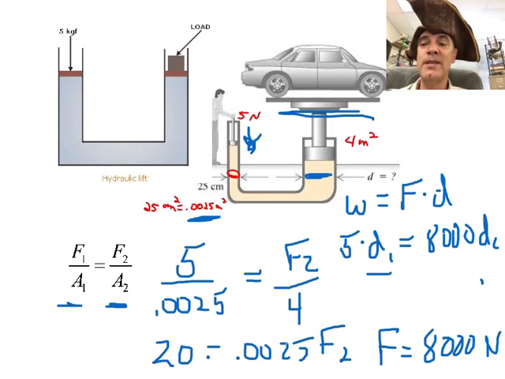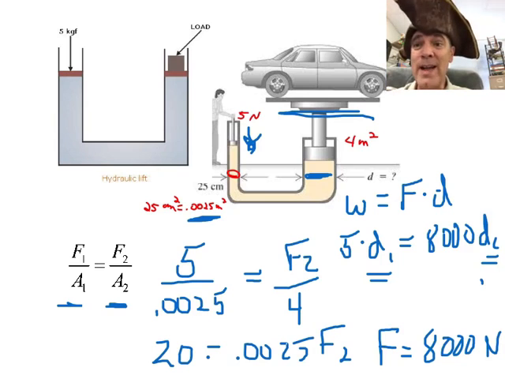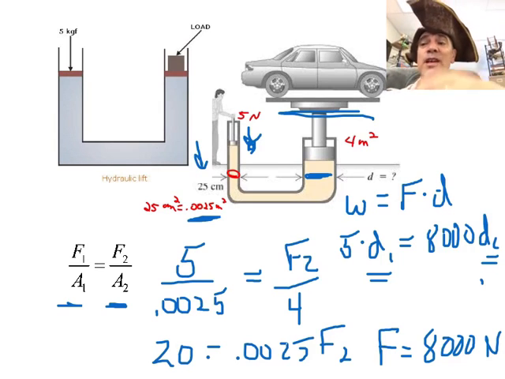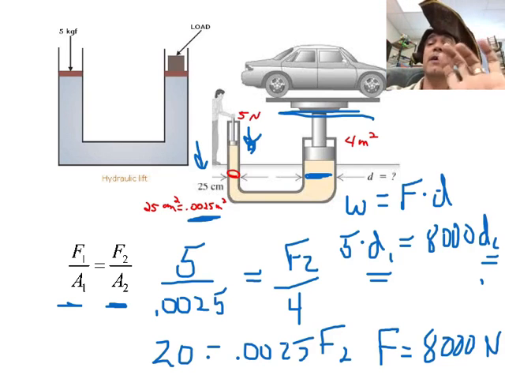And so this is going to have to be pushed a whole lot to get that to go up a tiny bit. Now you get a huge force, you can lift a giant car, except you're going to have to push a whole lot down on that little piston. That's why when people used to do it, you have to go over and over and over again to make the car go up a tiny, tiny bit.